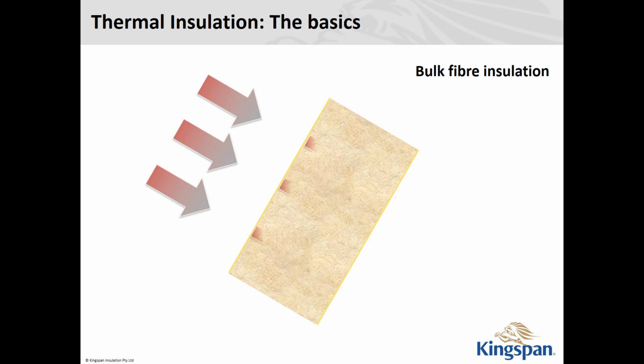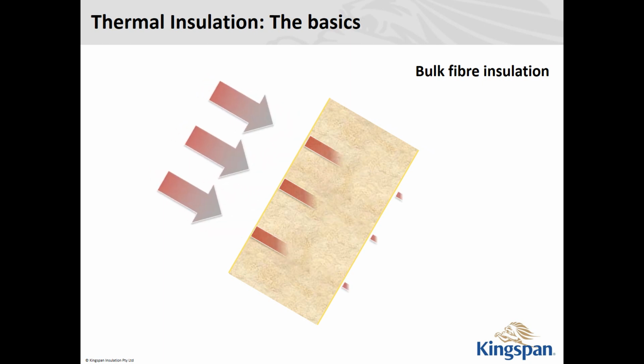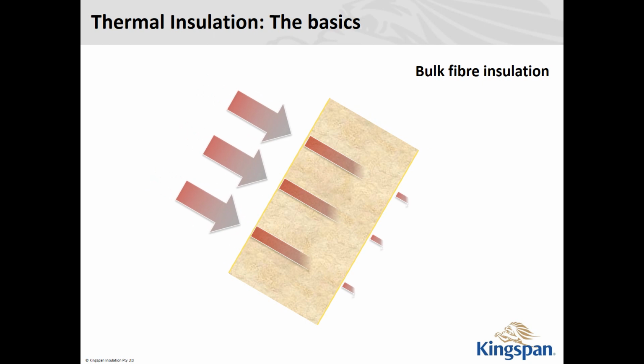A lot of people get home from work, 5, 6 o'clock on a 35-degree day, and they find that the house is very hot because the insulation on top of the ceiling has started to heat up and it's holding that heat. So that's why it's important to get a good balance of insulation.